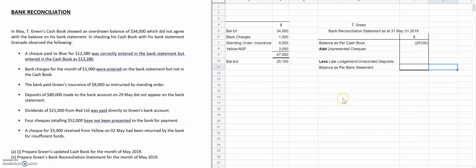So unpresented checks again would be those checks that we paid to suppliers or other individuals and they have not yet presented it to the bank for payment. So the figure for unpresented check as we have here is 52,000. Now when we go through the question, we would have realized that that was the only unpresented check that we have in the question.